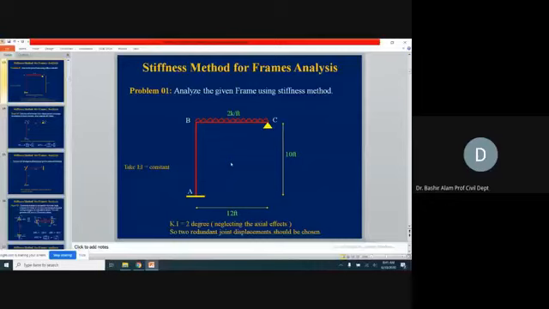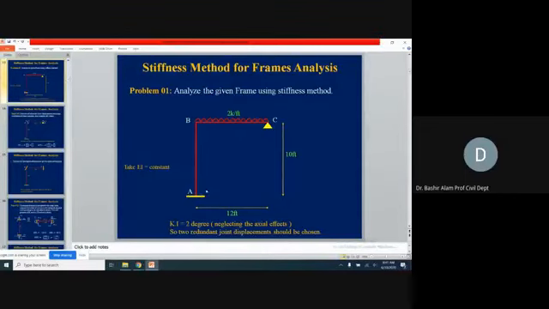Now, if I start finding the total kinematic indeterminacy of this problem, how can I do it? We have 3 joints, and let's say these 3 joints were free. Each joint allows 3 displacements, so 3 times 3 is equal to 9 degrees. It was kinematically indeterminate to 9 degrees. But now we have constraints, and out of those 9 we need to subtract them.